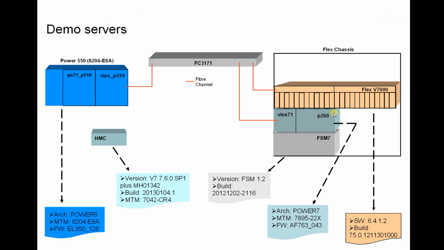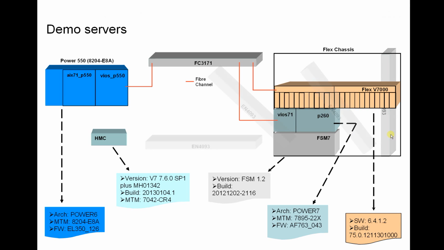Of course, the VIO on the 260 doesn't have much choice. Cabled in the Power 550, and then I ensured that I had LUNs from the Flex V7000 presented to the VIO on the Power 550 to create my LPAR to be moved. Again, keep in mind, this is a bit of a flattened environment here, and your situation will be different, but conceptually, we should be looking at the same concepts here.